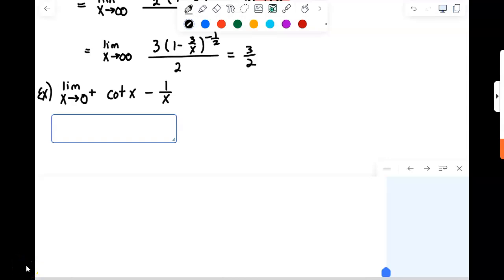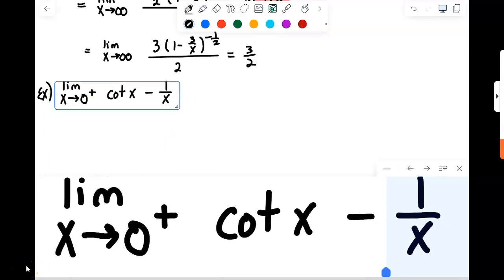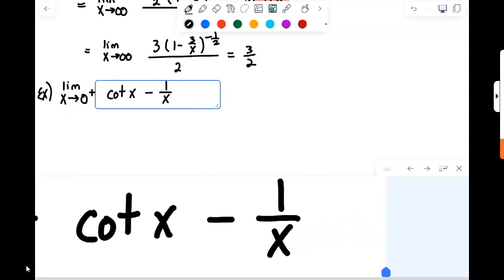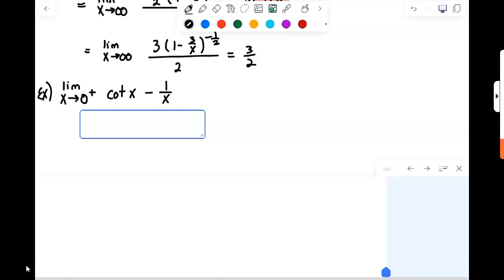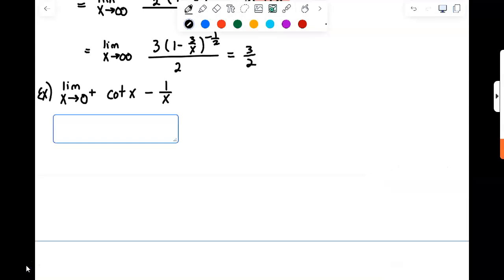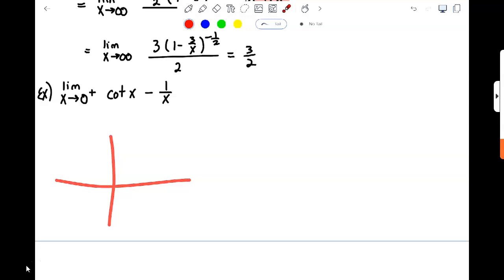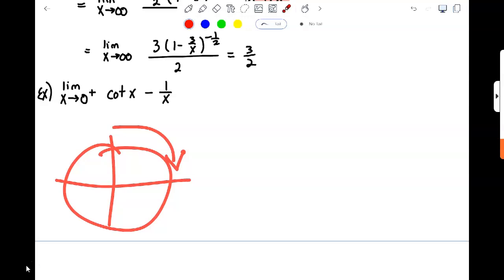Okay, so here we're looking at the limit as x approaches 0 from just the positive side of cotangent x minus 1 over x. Now, cotangent is cosine over sine. So as you're approaching 0 from the positive direction, cosine is approaching 1, sine is approaching 0.